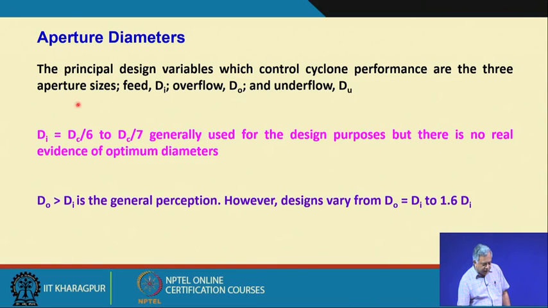Again DI is a function of your cylindrical diameter. So, once I have fixed the cyclone diameter, to start with a basic design of my cyclone, I can fix DI, I can fix DO, and similarly I can fix the spigot also.